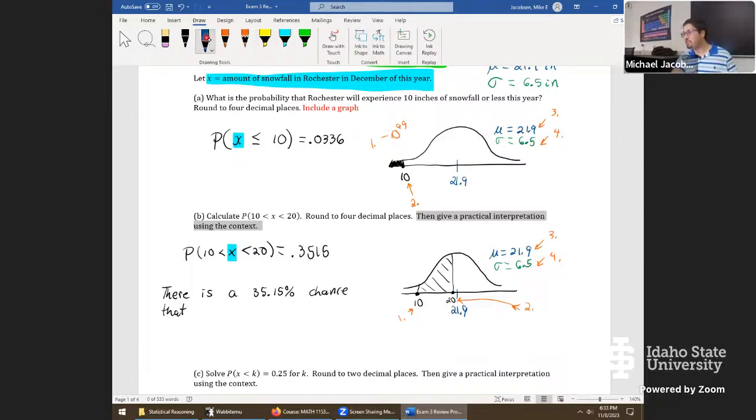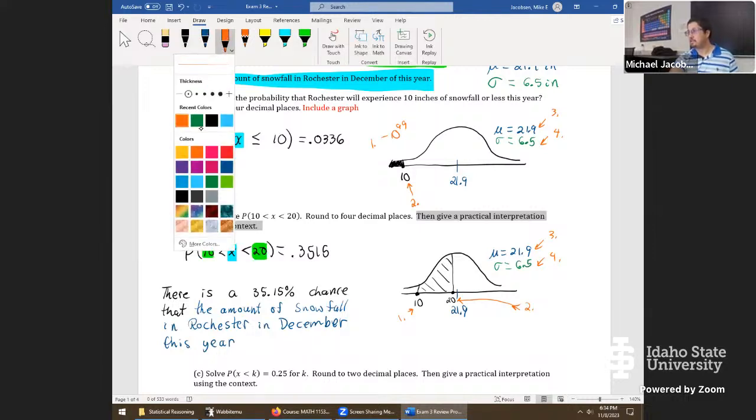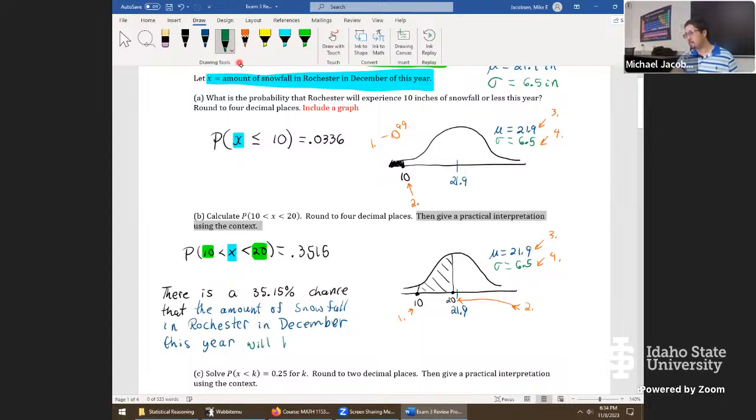So there's a 35.15% chance that the amount of snowfall in Rochester, I think I pronounced that like 5 different ways already today, in December this year, then we just go over here and here and say will be between 10 inches and 20 inches.